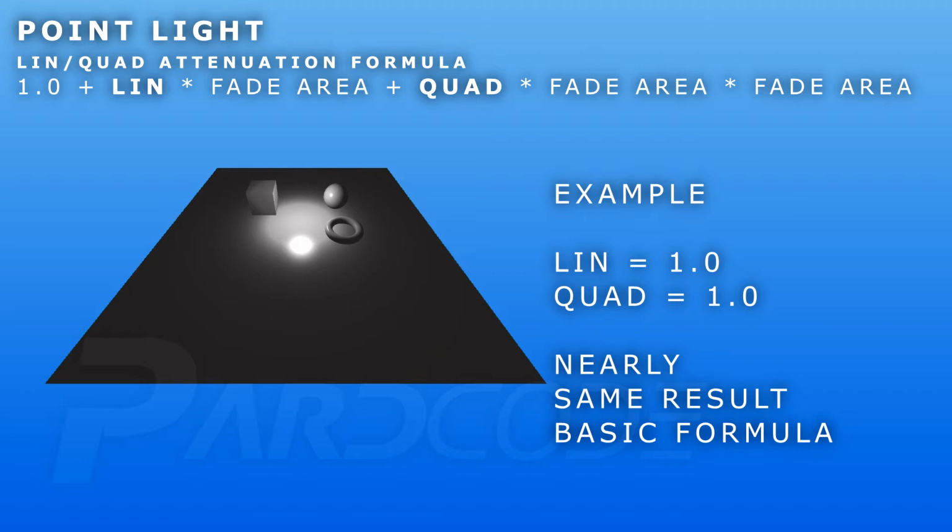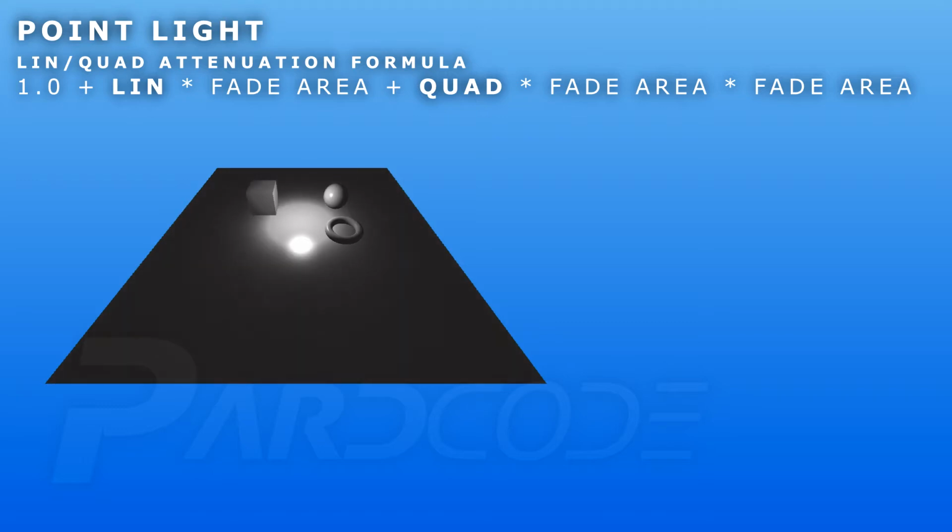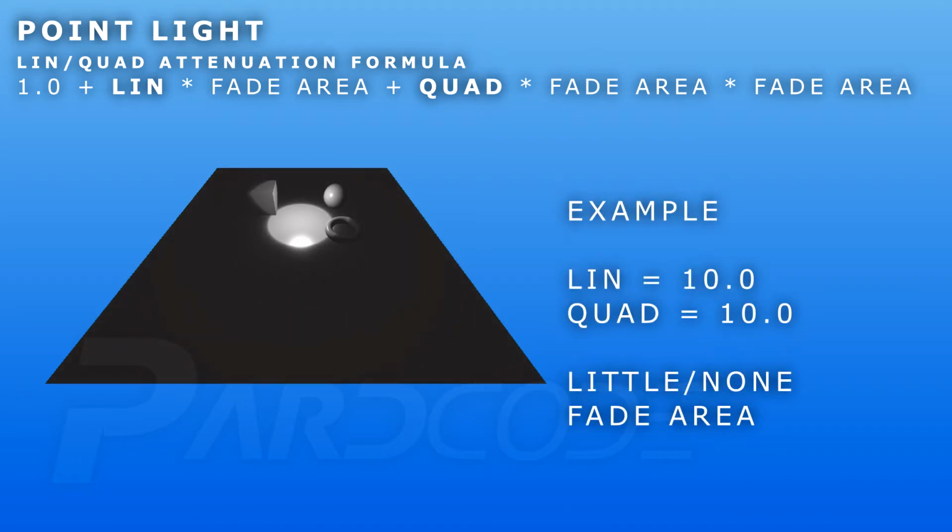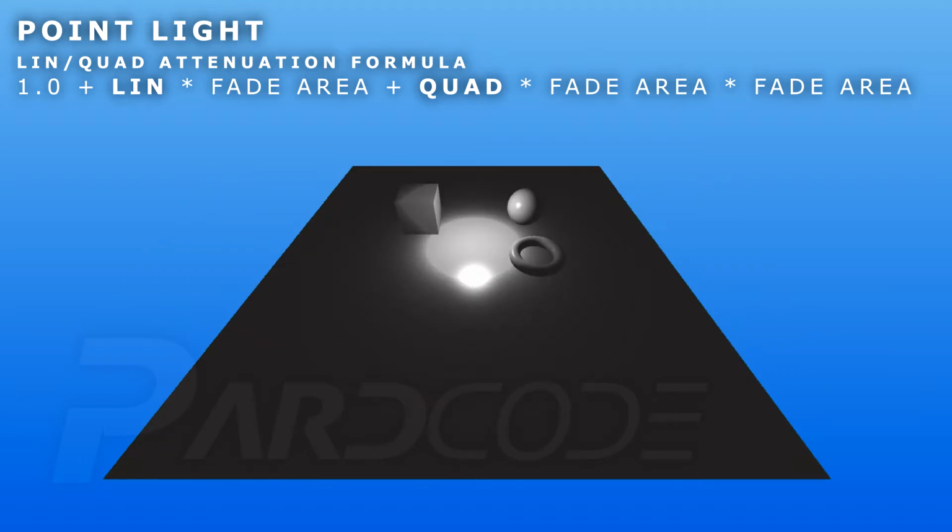But what happens if we, for example, set the linear and quadratic variable at 10? Well, now the effect has changed. In this case, since the light is completely focused in the sphere volume, and it is not scattered away like before. And that's all! We can tune these variables as we want to get the desired attenuation effect.